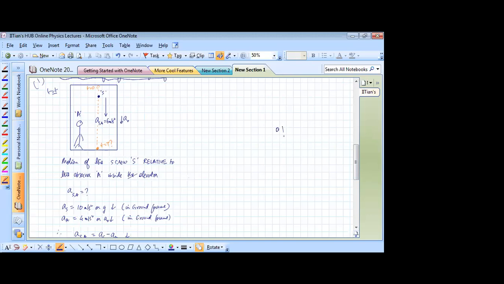are like this: if one thing is going down with an acceleration of 10 meters per second square and another thing is going in the same direction downwards with an acceleration of a naught.